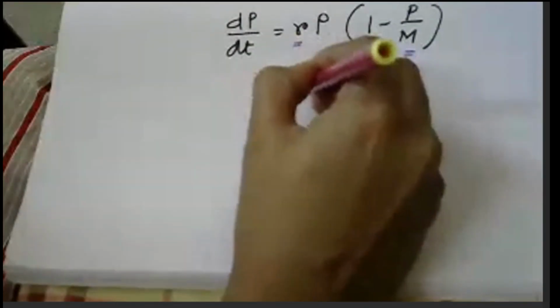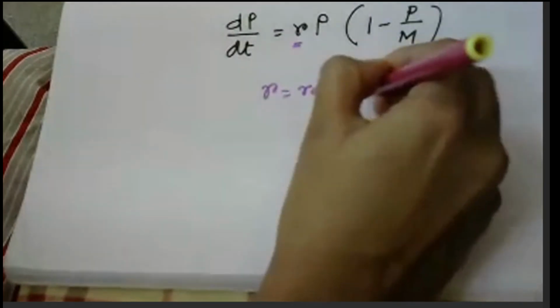Can you please explain what is the R here? What is R of the equation? Yes, the r p (1 minus p/m). Okay, can you see my notebook now? So the equation was something like this. Here the variable is P and we have two parameters, one is R, one is M. R is the rate of growth.